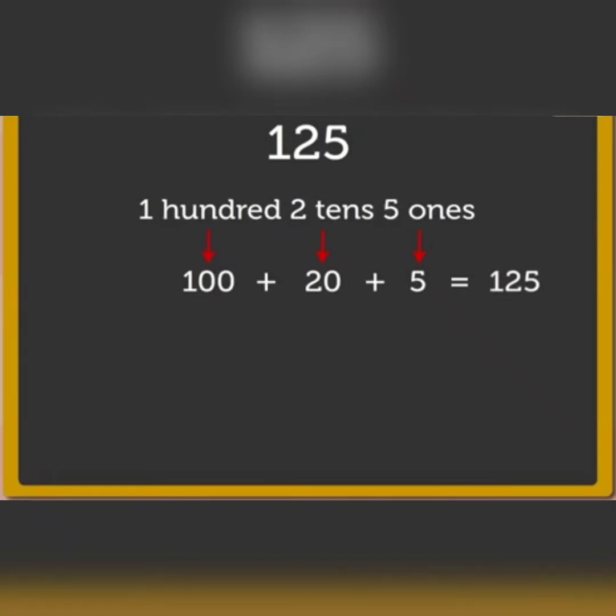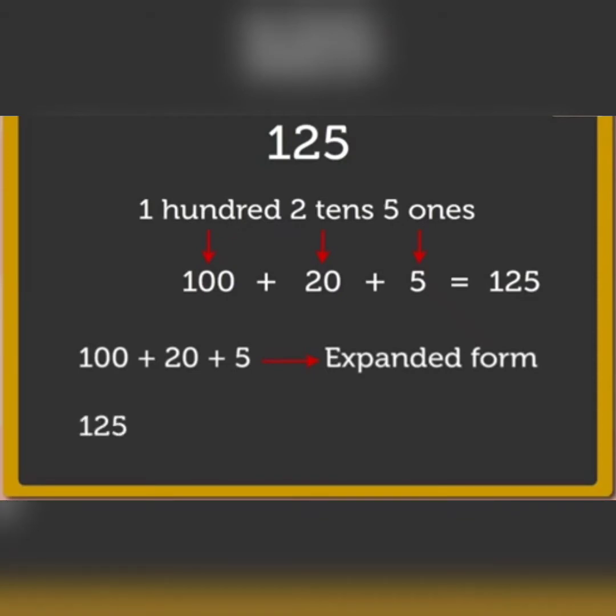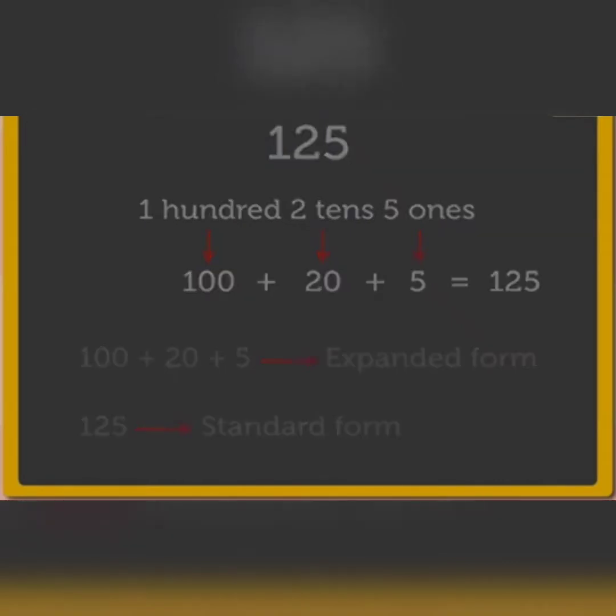Here 100 plus 20 plus 5 is called expanded form and 125 is called standard form.